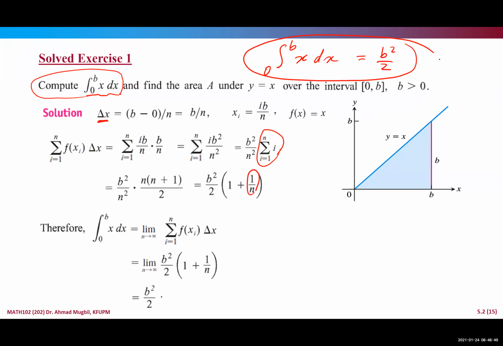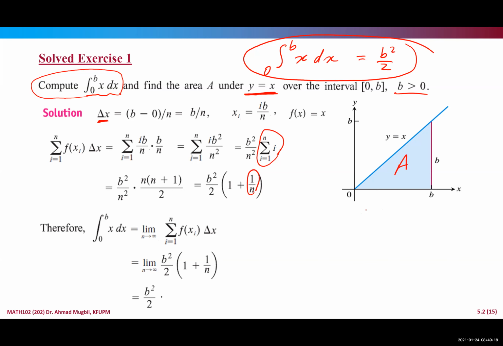But indeed, we can do that with the help of areas much easier. If you look at this line, it is this one, from 0 to b, let's say this is b. b is positive in this case. Now, because the region is above the x-axis, this area is equal to the integral.